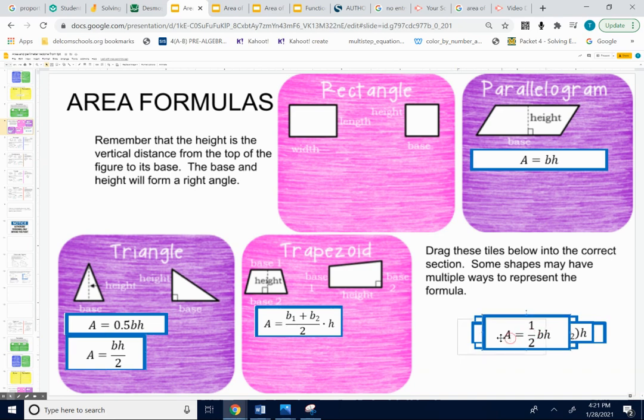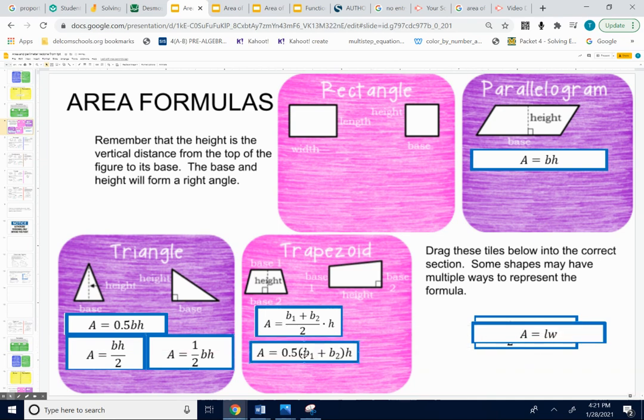Okay, the next one, 1/2 times base times height. Okay, we're still talking the triangle there. Okay, 1/2 times the base times the height. Okay, the next one, 0.5 times base 1 plus base 2 times height. That's a way to find the area of a trapezoid. Okay, length times width.